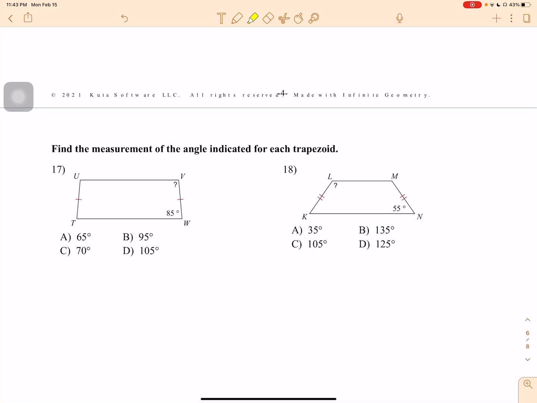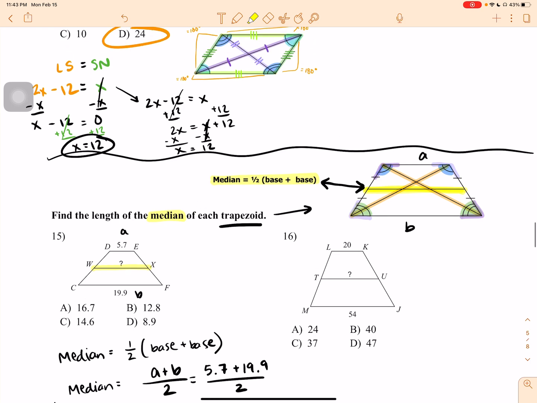All right, so these are trapezoids again. Now this one looks like a rectangle, but you see here it's 85 degrees, so it is not. But one thing we do know about trapezoids here is that these two angles add up to 180 degrees.